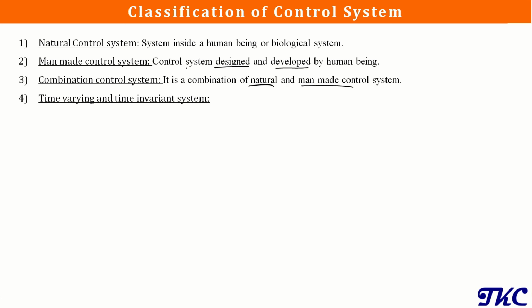Now another way we can classify it is as time varying and time invariant system. If parameters of a control system vary with time, then that is called a time varying control system. Here we can take the example of a space vehicle.